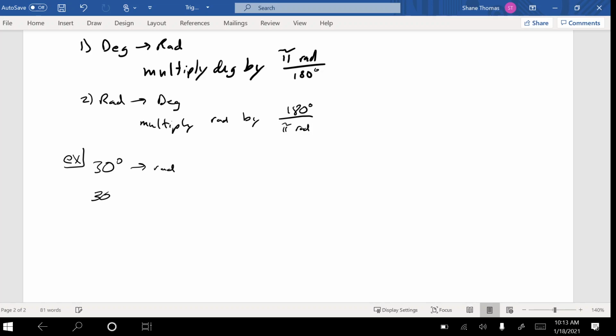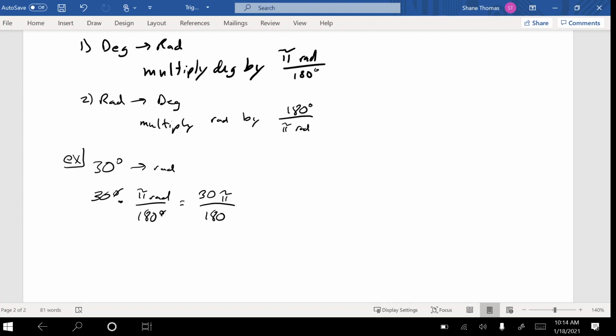So I'm going to have 30 degrees times pi radians over 180 degrees. Now remember, whenever we did our conversions, we canceled out the units. You remember doing that? So I can cancel out my degrees here, and now I'm left with 30 pi over 180.